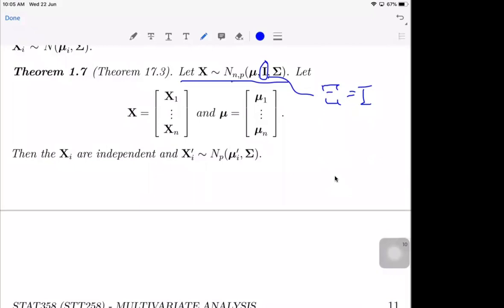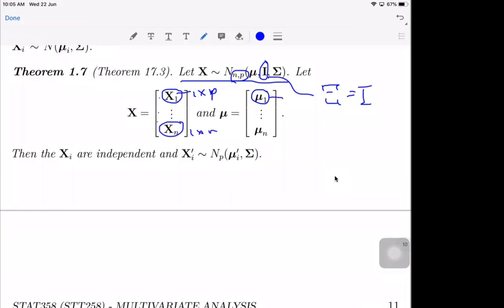Note that this is an n by p matrix. So the x1s here is not a single value, but it is a vector. It is 1 by p. So this is 1 by p, no? Are you with me? And then this is also 1 by p. So there are n of them. So that is n by p. Okay? So this is also a vector of mu's.